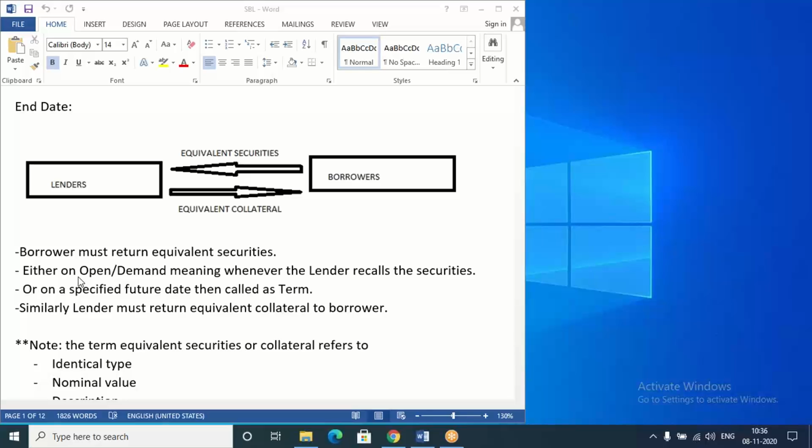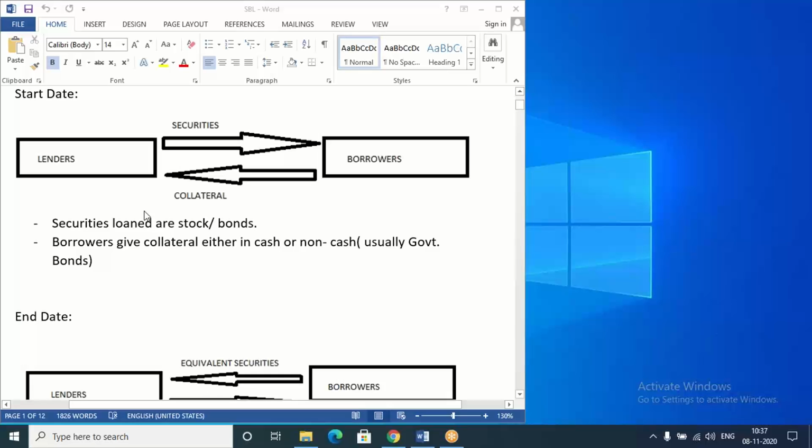Either on open or on demand, meaning whenever the lender recalls the securities, or at a future fixed date, which is called term. Let me put it in an example. Let's say the lender loans securities to the borrower and tells the borrower the return date is 15th of November, and they entered the contract today.